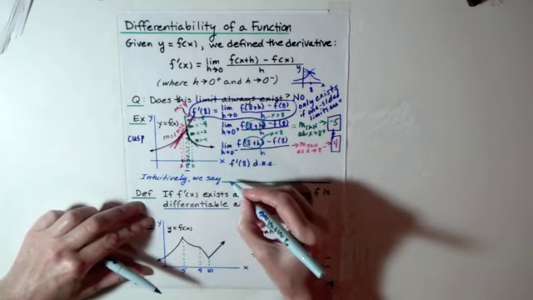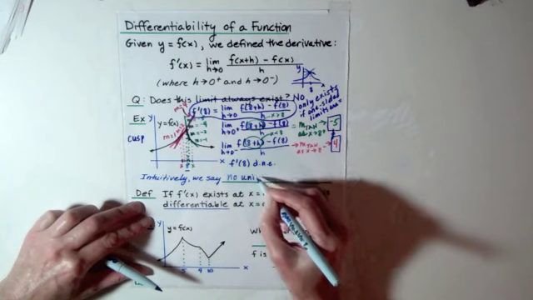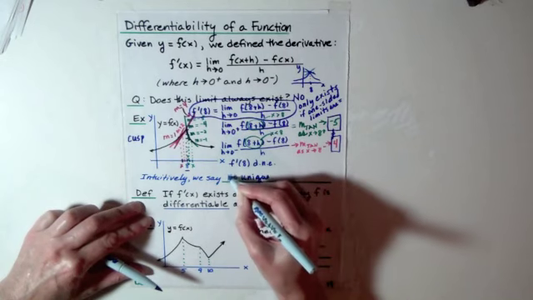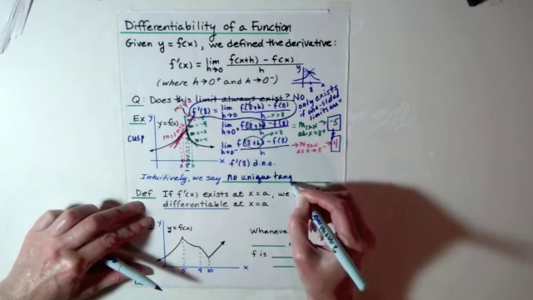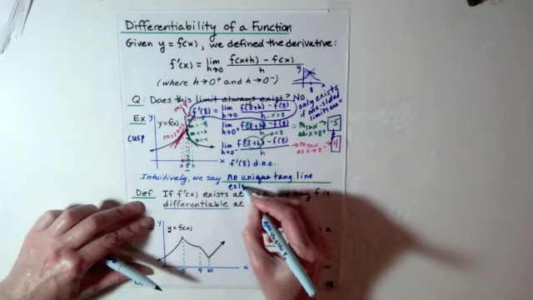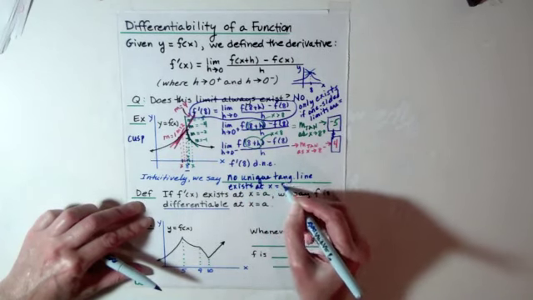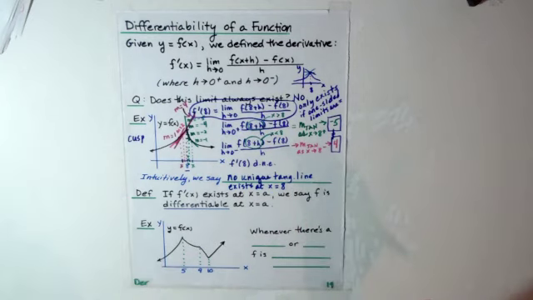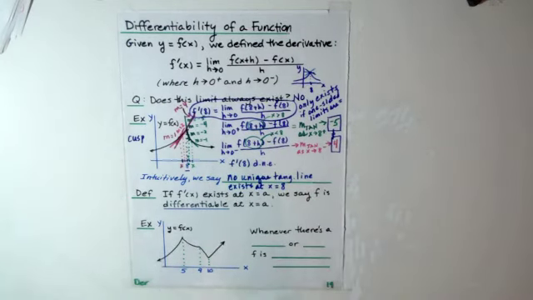So intuitively we say no unique tangent line exists at 8. So no unique tangent line exists at x equal 8, and that will be true anytime you have a cusp, and so the function will not be differentiable at such a cusp point.